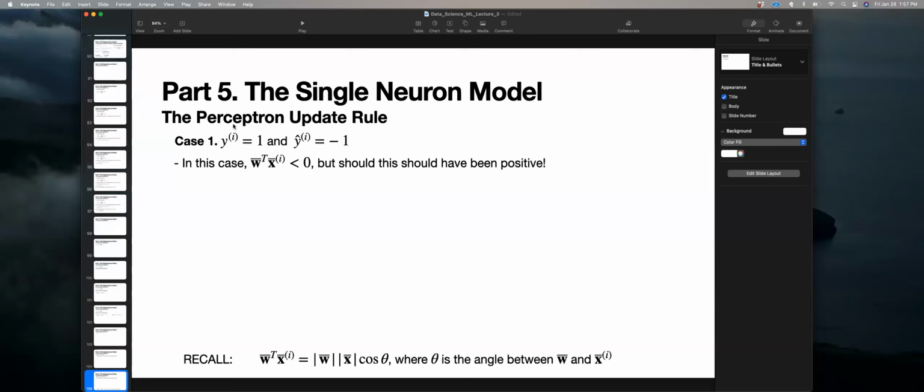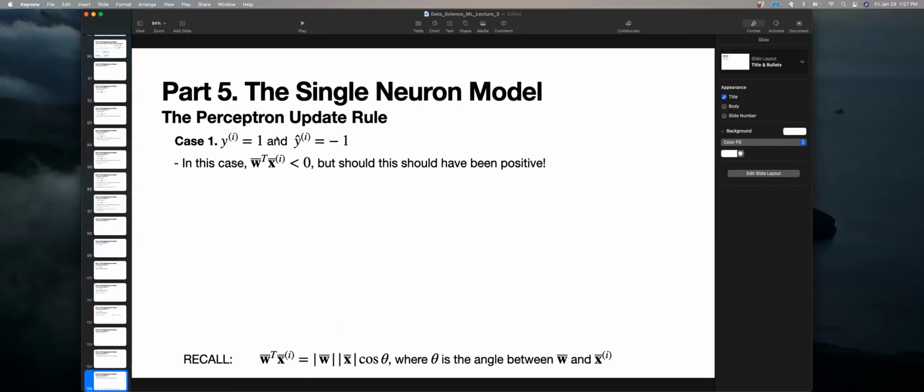Well, recall that the dot product of two vectors is equal to the norm of the first one times the norm of the second times cosine of theta, where theta is the angle between W and X. Notice on the right-hand side of this equation that the norms are positive.